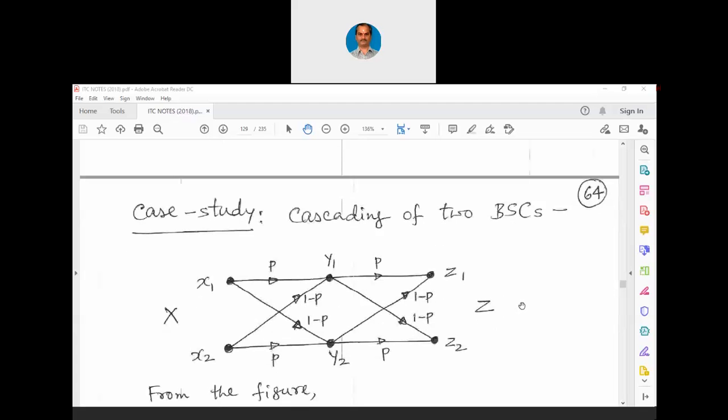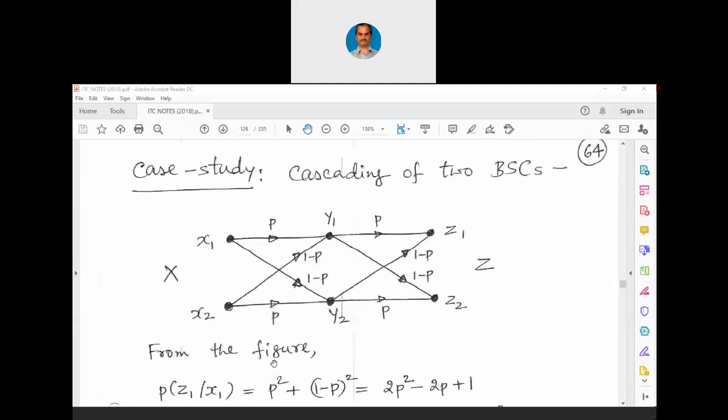Let us proceed. From the figure, P of z1/x1, see z1/x1 is p square into 1 minus p whole square. Z1/x1, just look at this. Z1 has one way like this. Z1 has one more way like this. You can see this? Let me annotate.